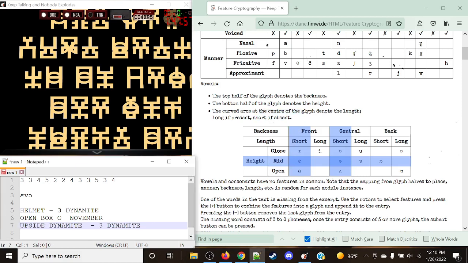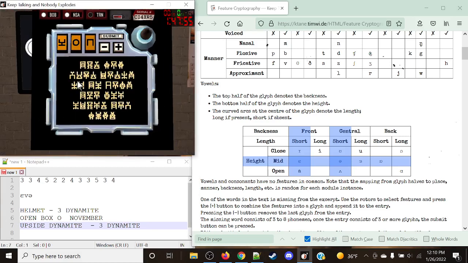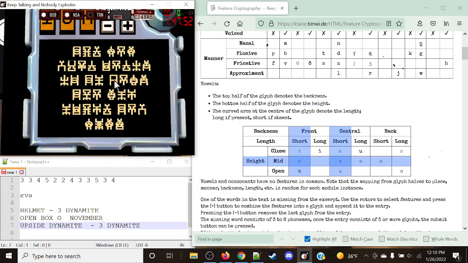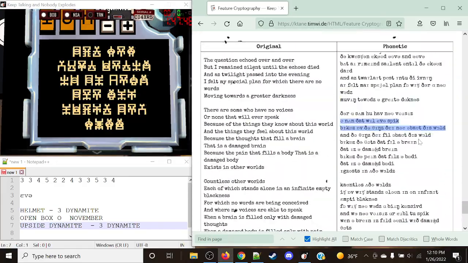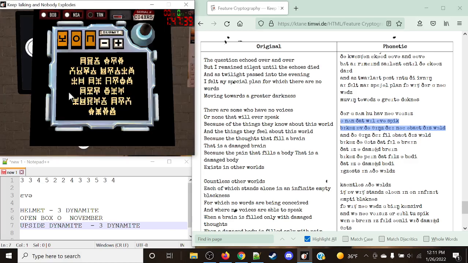So let's submit it to the module. Let's submit helmet, because we're submitting the echo first, which was, if we go down here, this, because after the 4-letter word, it was this guy right here. Flip that of helmet. Then we have the dash, and then we have the 3 dynamite right here. So now let's hit plus.